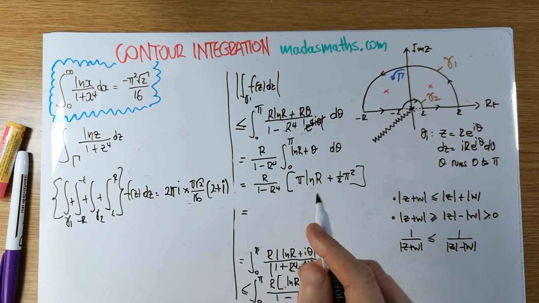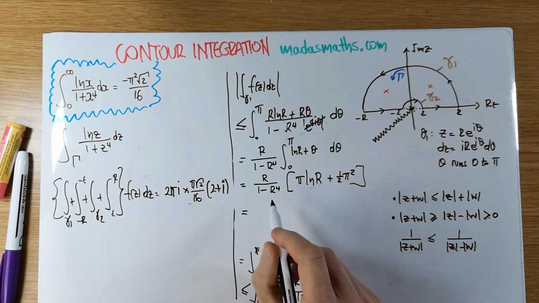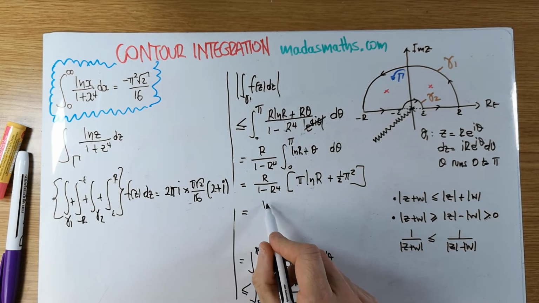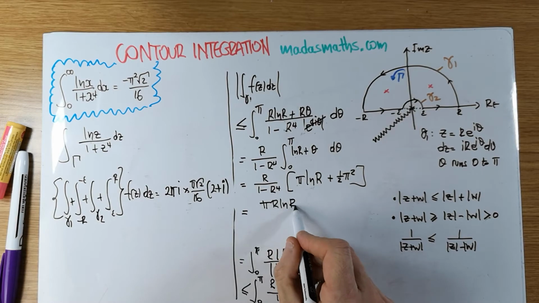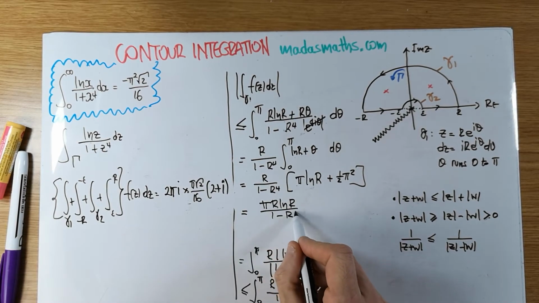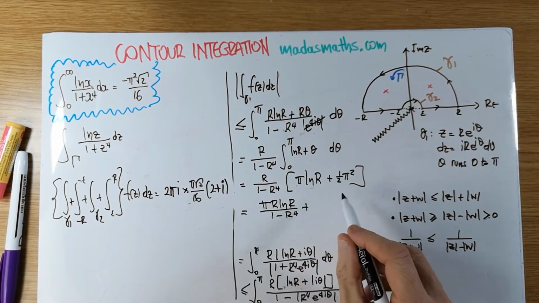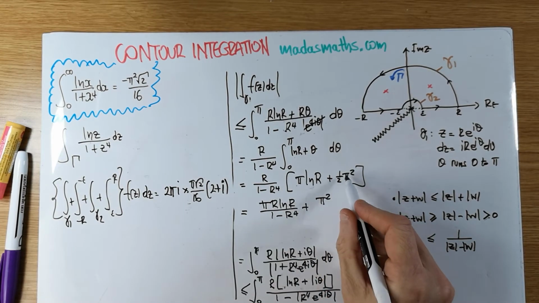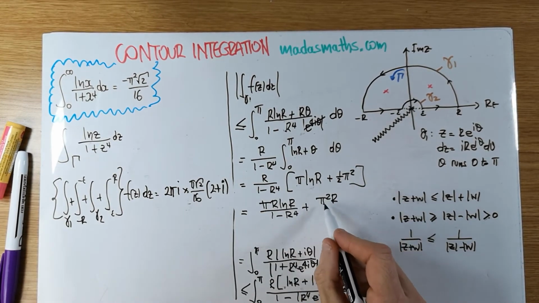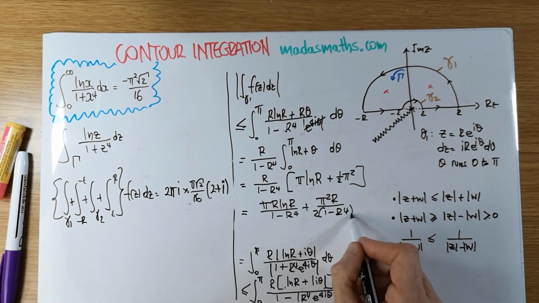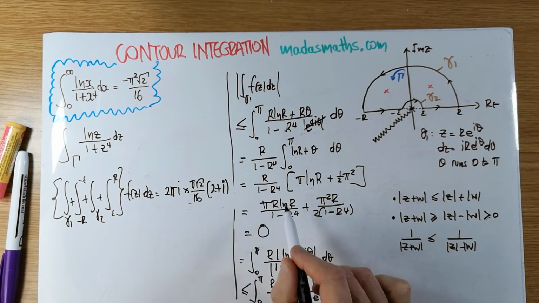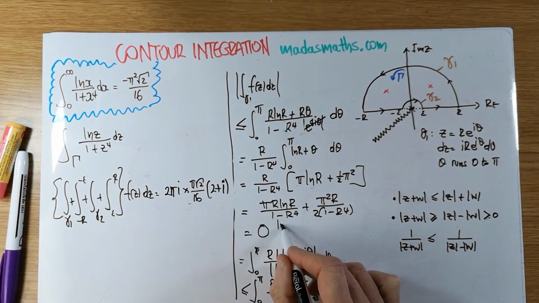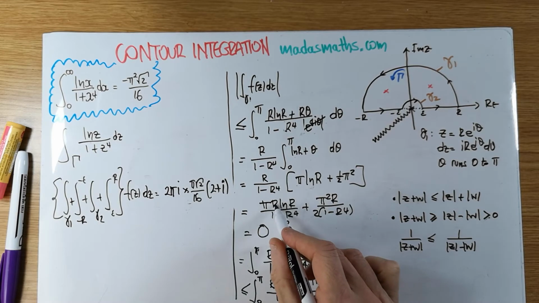We're getting something which is of the order, actually let's not put orders, we're going to write first of all pi r log of r over 1 minus r to the 4 plus pi squared r over 2 times 1 minus r to the 4, which is of the order log r. This r will cancel.